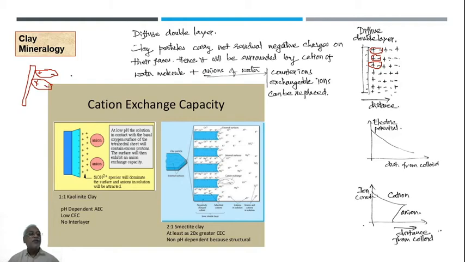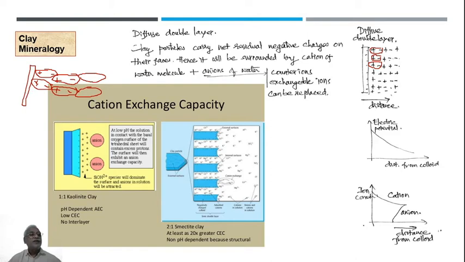When the next molecule of water comes, again it stands with plus here and minus there, and then one more layer, one more molecule, and like that this layer continues.